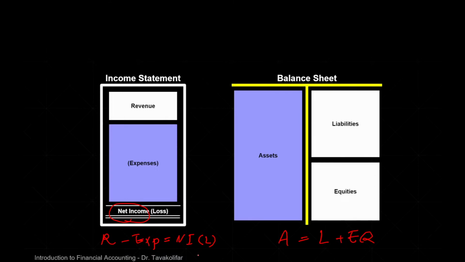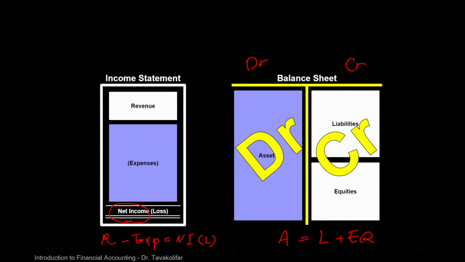But take a look. The balance sheet in this slide is quite similar to a T account, right? There is a left side, there is a right side, and assets are on the left side, liabilities and equities are on the right side. And in accounting, left means debit, right means credit, right? So using this slide, I can easily remember that assets normal balance is debit and liabilities and equities normal balance is credit.